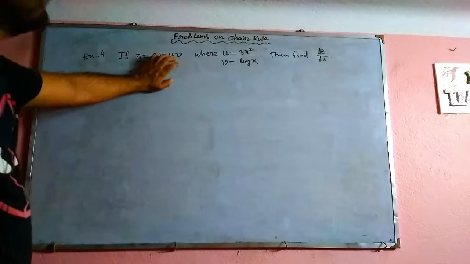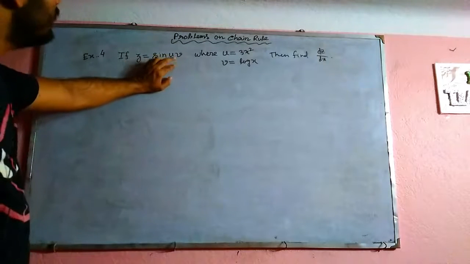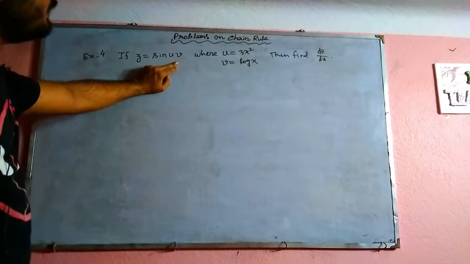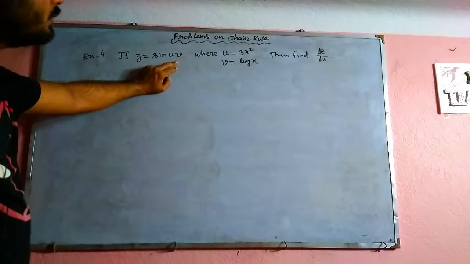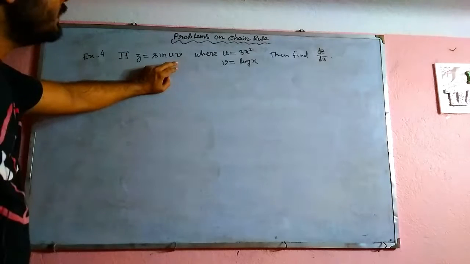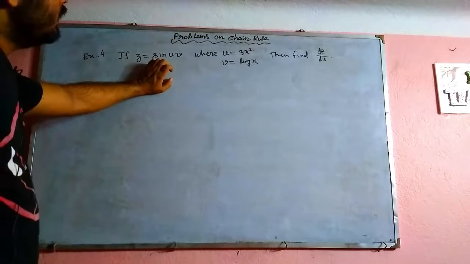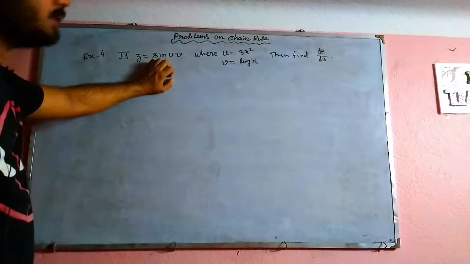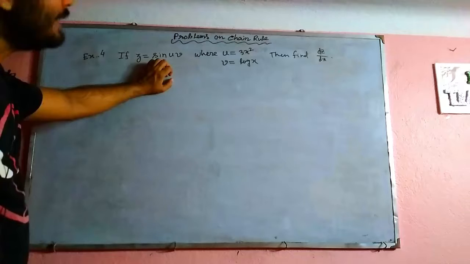z is a multivariate function, okay, variables are u and v, but u and v are functions of only x. So that is why z is ultimately a function of x.